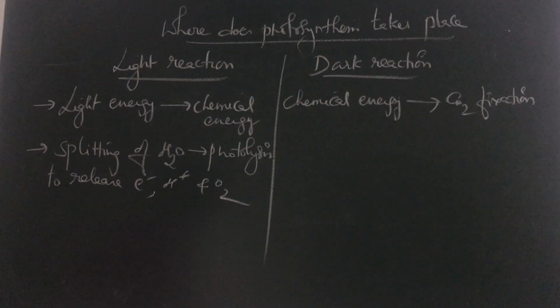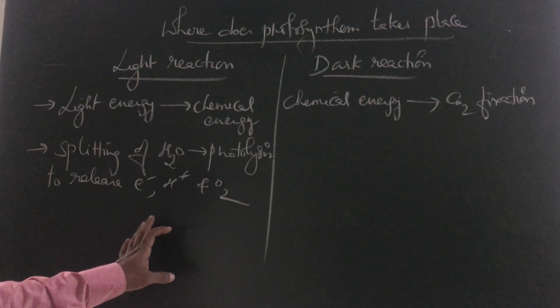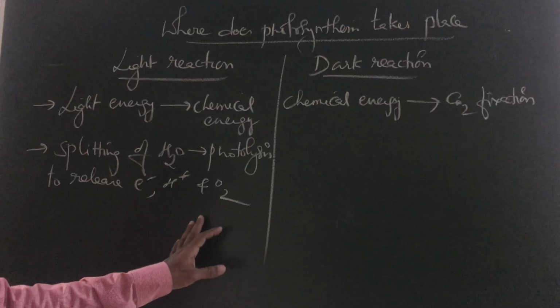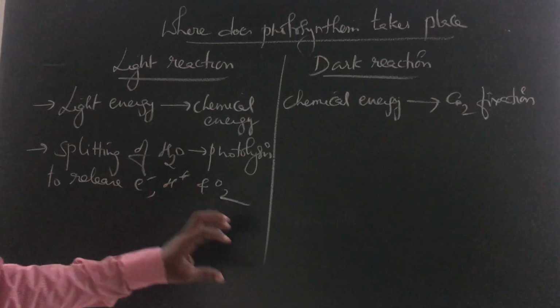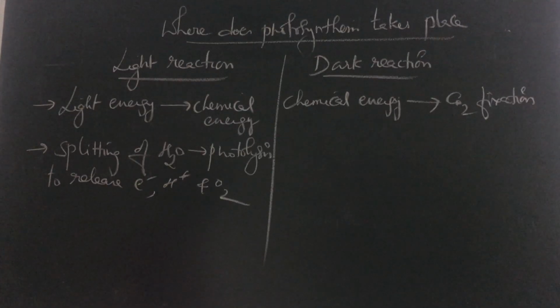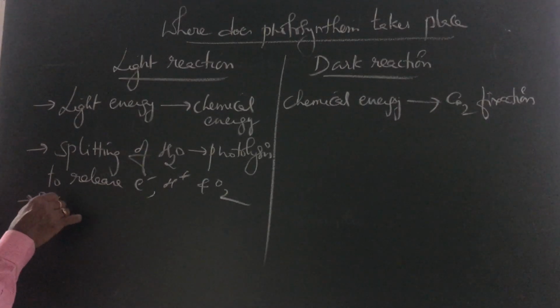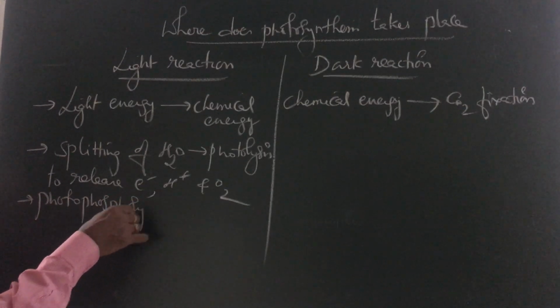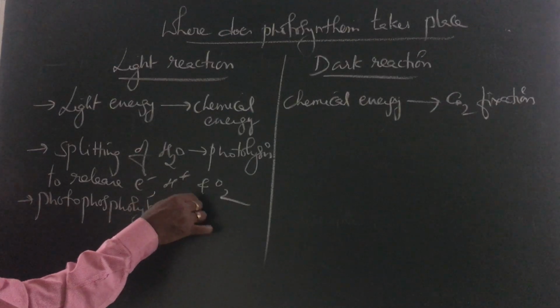When light is absorbed by the chlorophyll, it is transferred in the form of electrons and protons to reduce NADP plus to NADPH. That is the big story in the cyclic and non-cyclic light reaction.